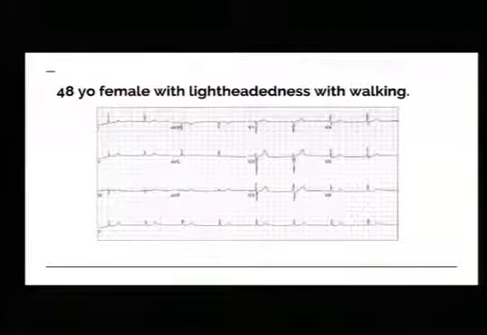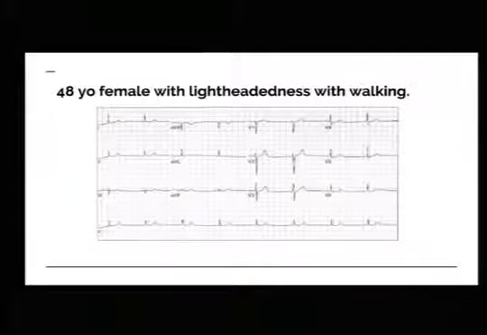Okay, 48-year-old female, lightheadedness with walking. We haven't really talked about this rhythm, but you should know it. Okay, so she's Brady. Okay, so if she has no P's, that means what node isn't firing?